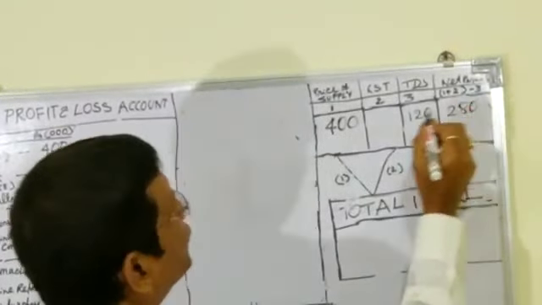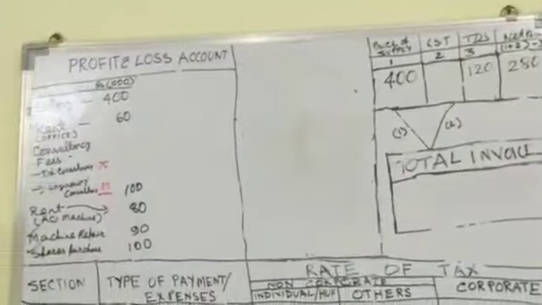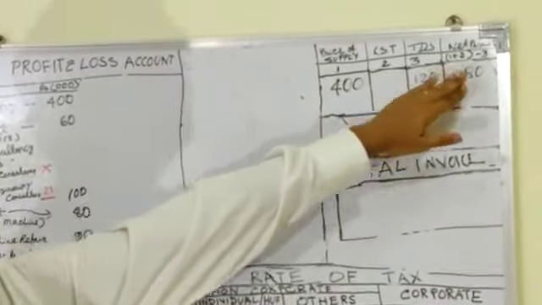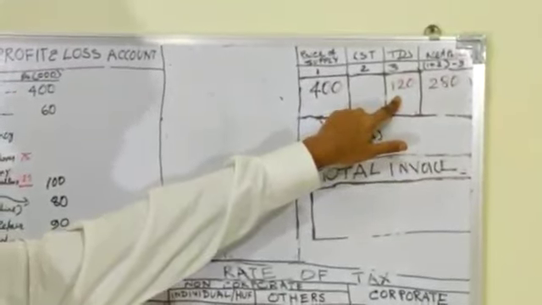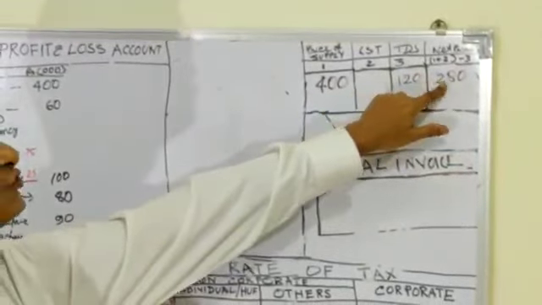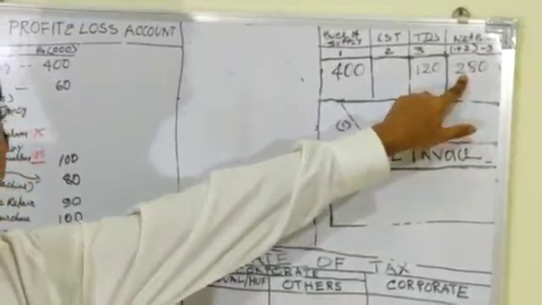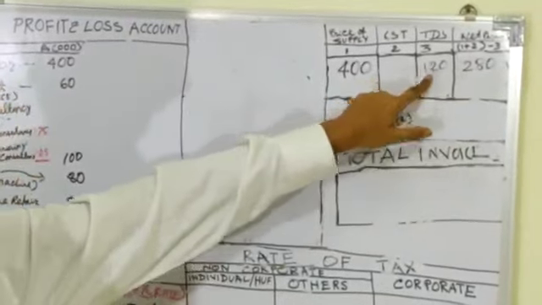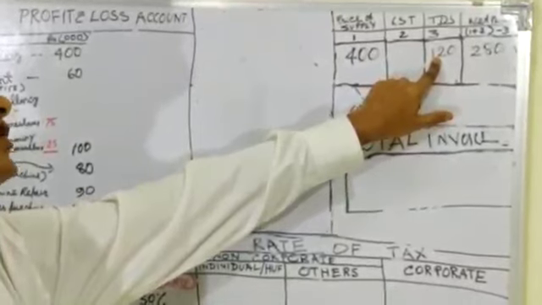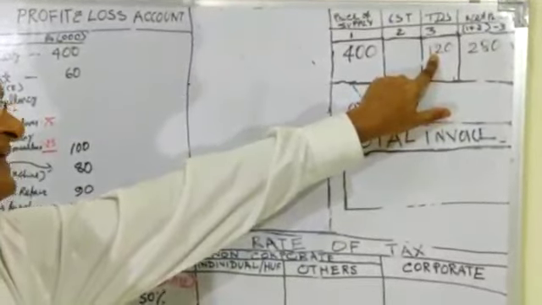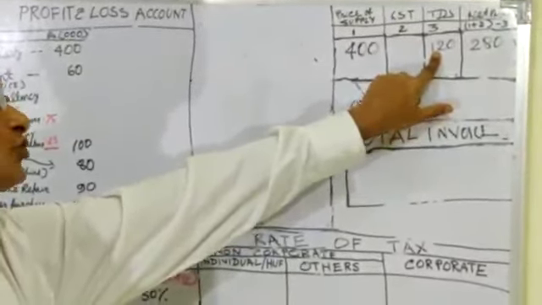So I have to pay my employee 280 after deducting the TDS of 120. This 280 will go to the bank account of the employee, and this 120 I have to deposit to the government as tax deducted at source.